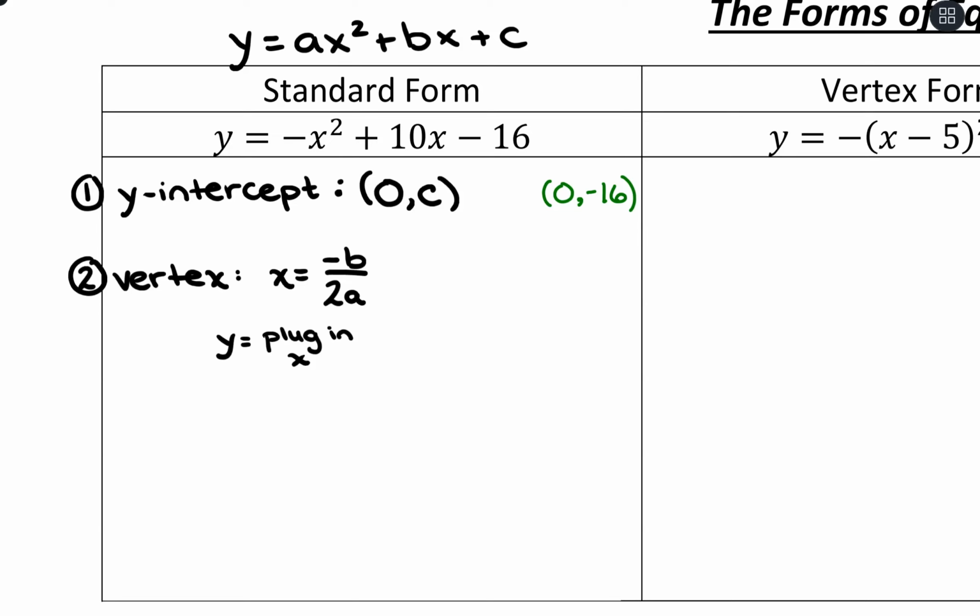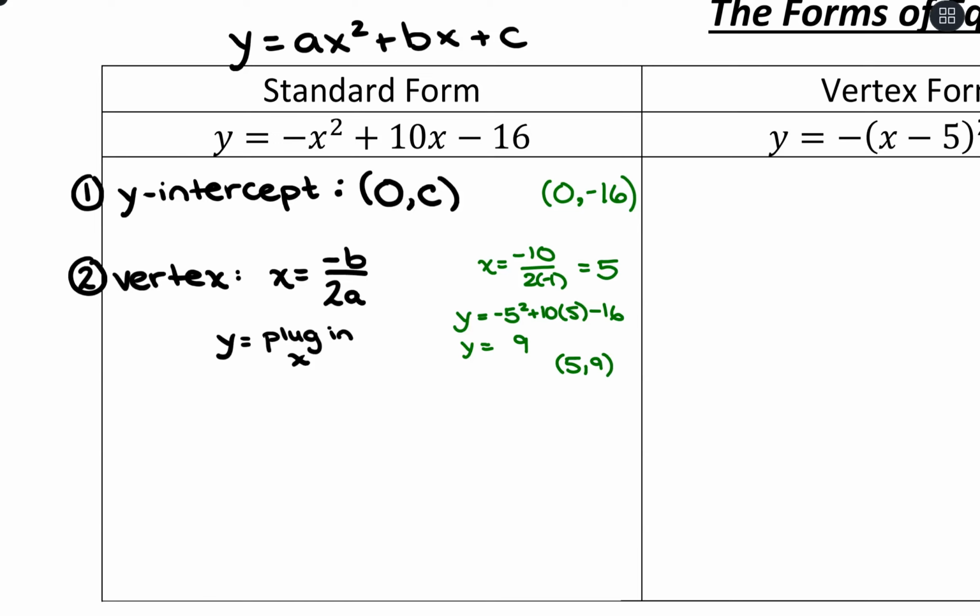For our case, x equals negative 10 over 2 times negative 1, so we have an x-coordinate of positive 5. Then for y, we go negative 5 squared plus 10 times 5 minus 16, which simplifies to a positive 9. We end up with the coordinate (5, positive 9).